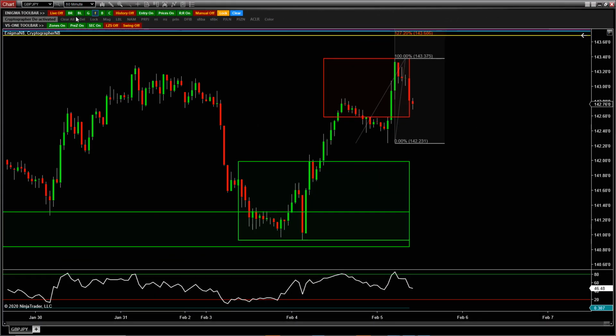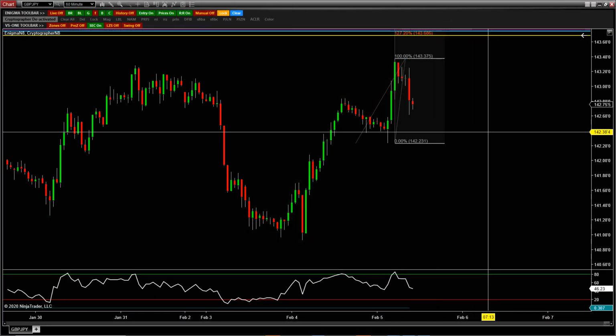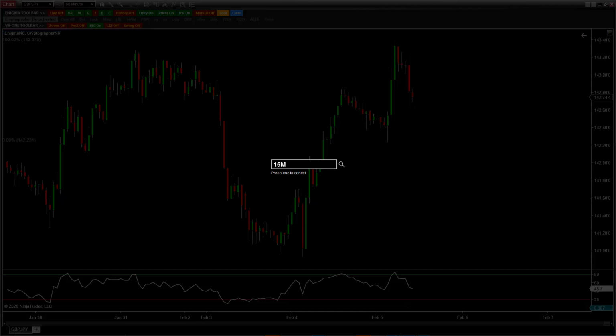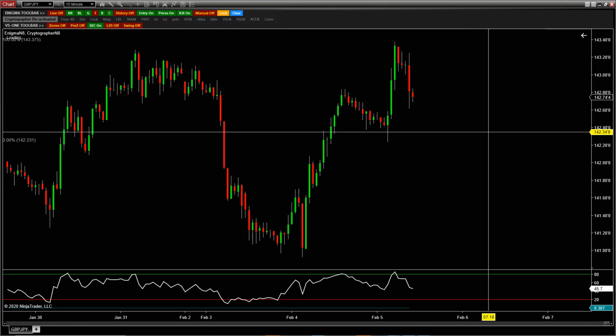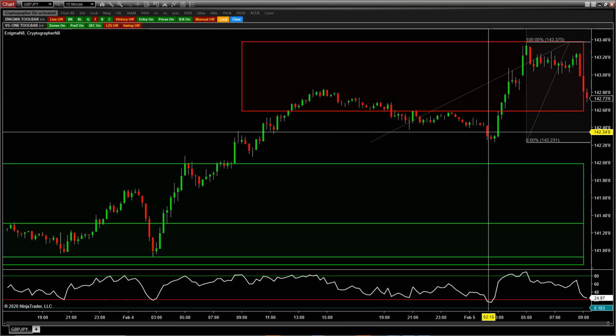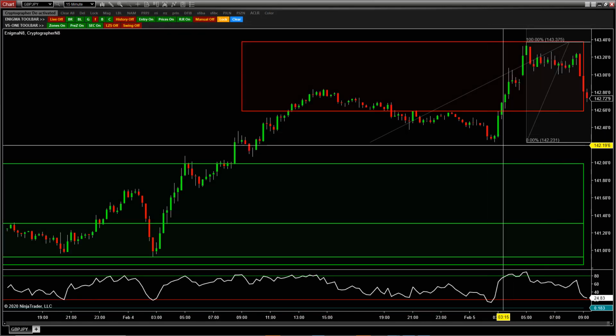Now the question is how or if we can get involved. And again, you're going to have to wait for your entry technique here on the 60. If you're allowed to go down to a lower time frame, say a 15, perhaps you get something sooner. Let us see.